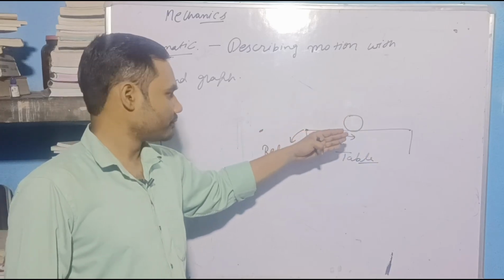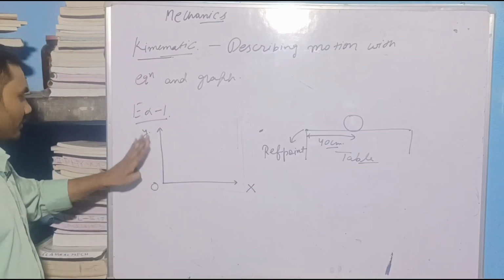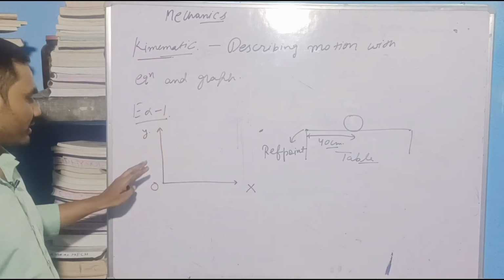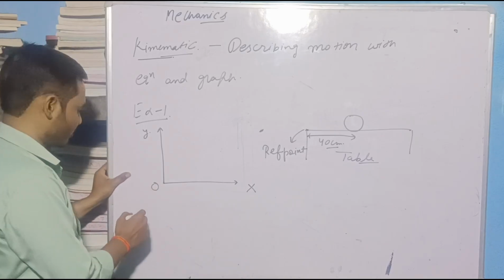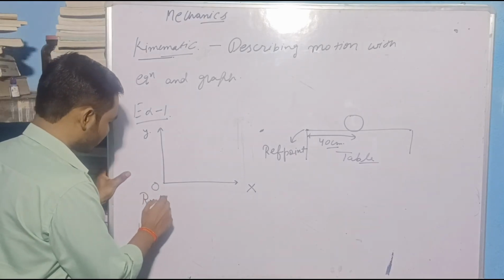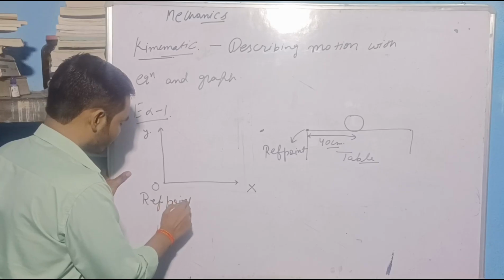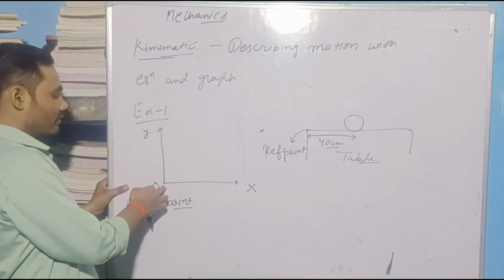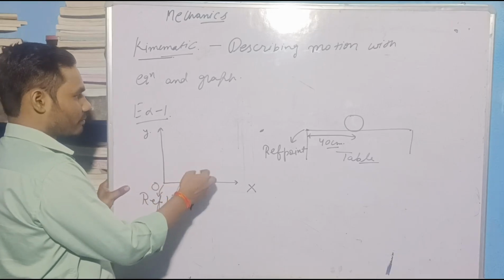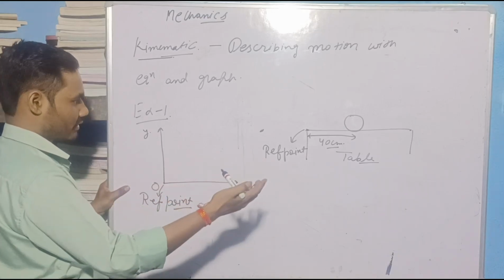But in this graph, in this coordinate axis, we will take this origin as the reference point. And from this origin we can show the position of any ball, any thing, any body.